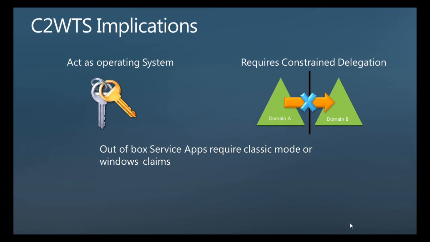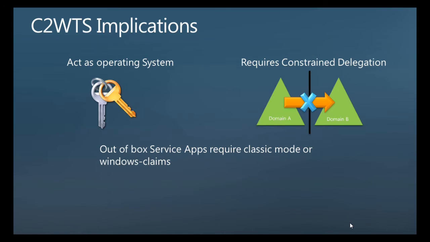By default, the claims to Windows token service runs as local system, but we recommend typically that you run this as a service account. When you run this as a service account, you're going to have to remember to give that service account Act as part of the operating system, and in addition some other privileges. One is Impersonate a client, and then the other is Log on as a service.